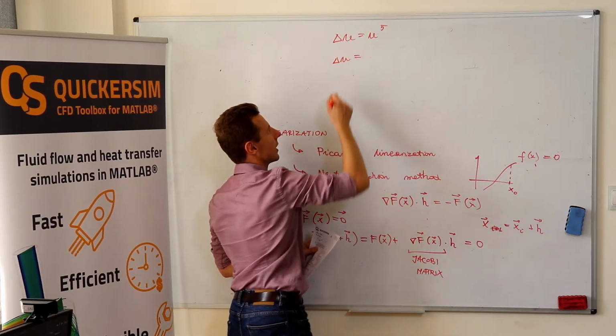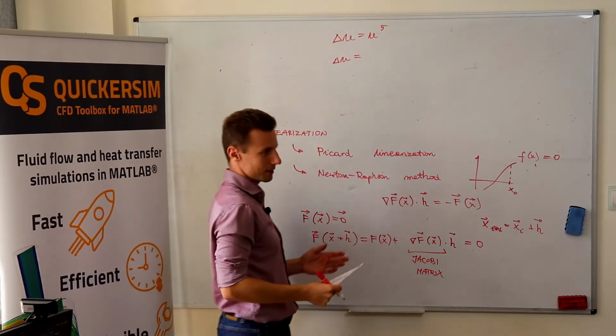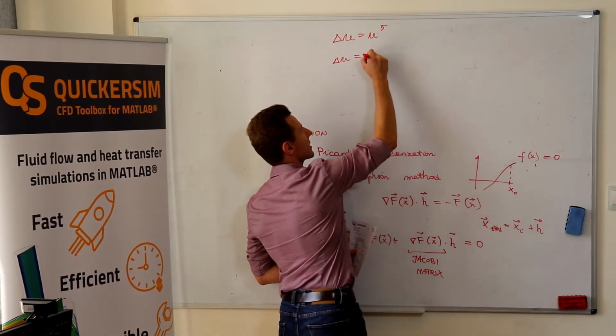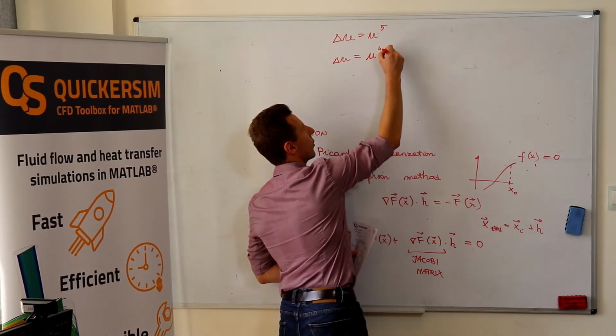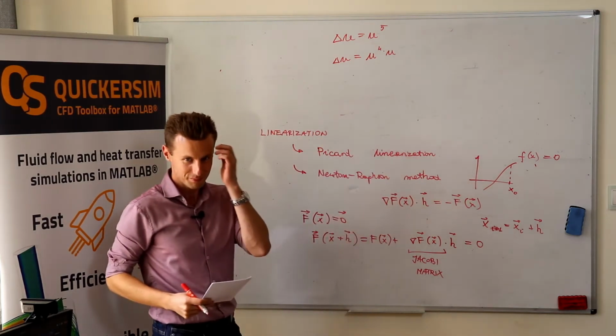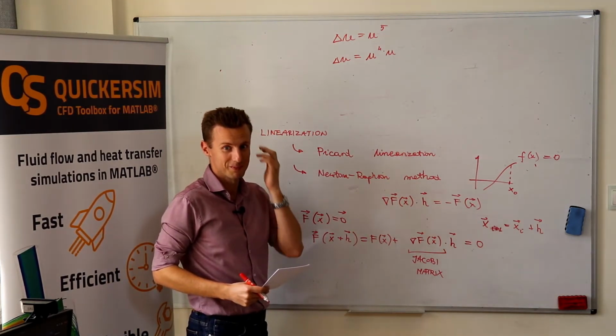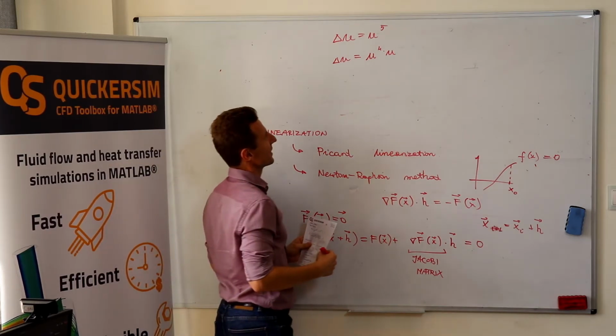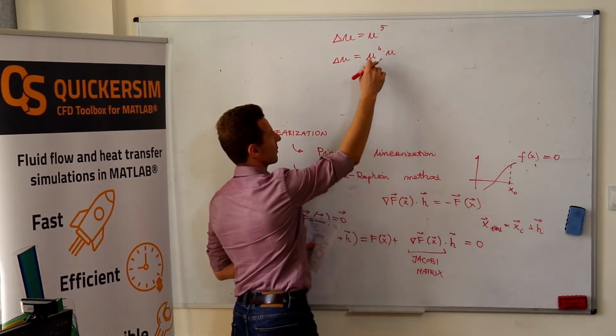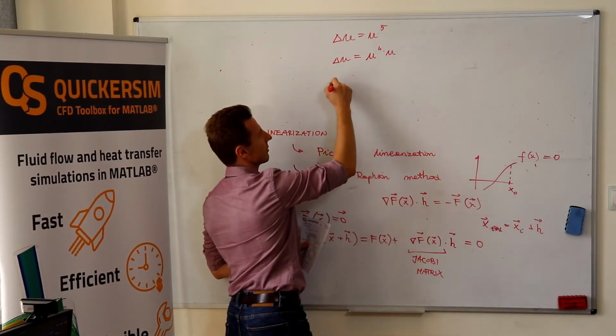writing, please don't laugh at that, it's not stupid, it's u to the power of 4 times u. Smart? Ingenious. It's already the linearization, because right now you can move it to the left-hand side.